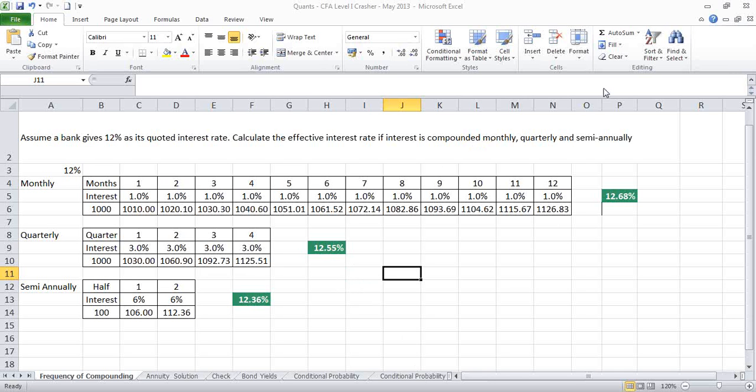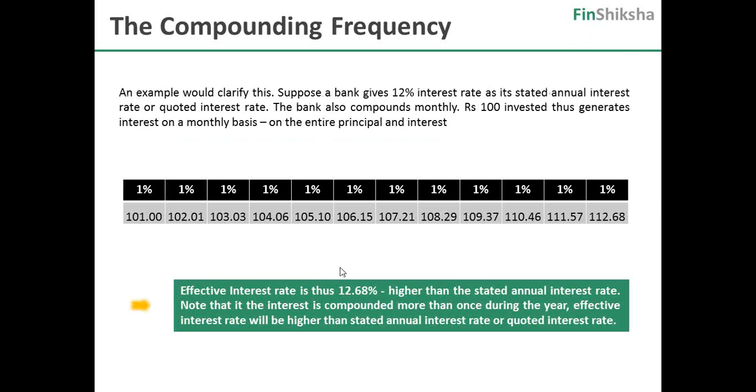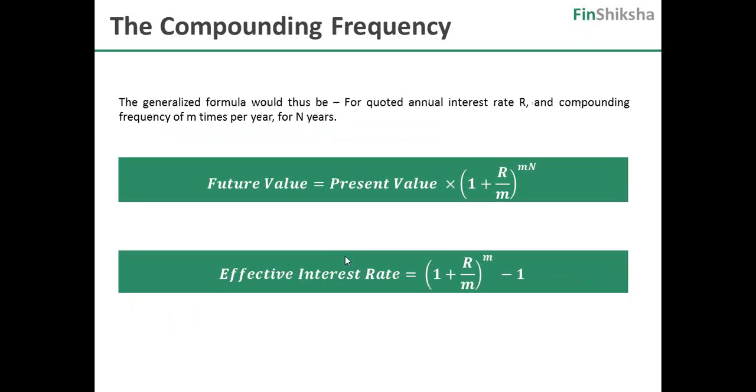Let's go ahead and quickly look at some of the other concepts within the time value of money chapter. So that's the compounding frequency bit. The compounding frequency, effectively, you could come up with a standard formula for this, which essentially says the present value of the quoted investment, which is $1,000, multiplied by 1 plus whatever is the annual rate, in this case 12%.